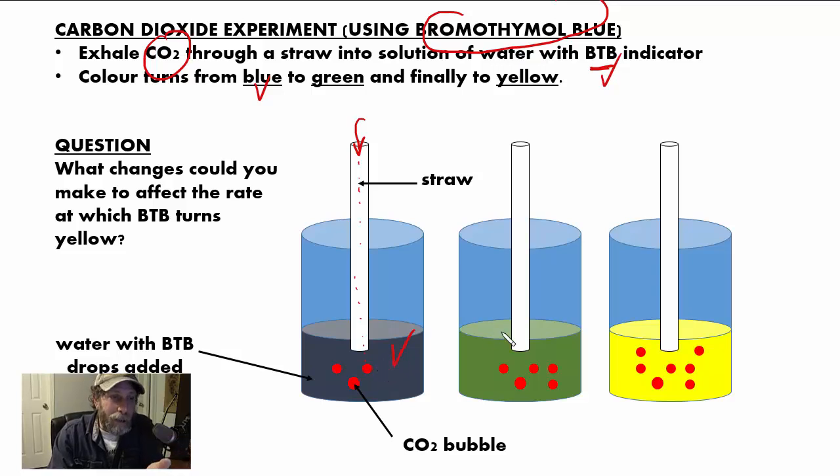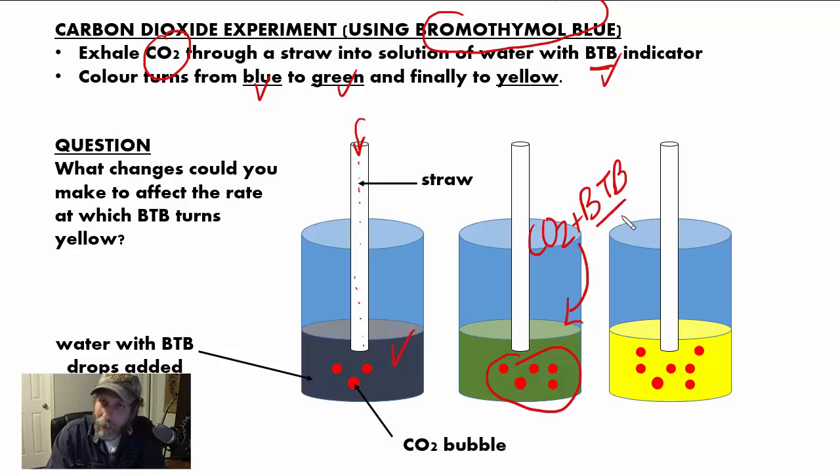Over time, as you increase the amount of CO2, as you keep breathing out, not breathing out and taking a breath and breathing out, just keep breathing out, there's more and more CO2 every second, and it starts to turn green. That's because carbon dioxide reacts with this chemical BTB to give a green color. It's called a chemical indicator. It detects the presence of carbon dioxide.